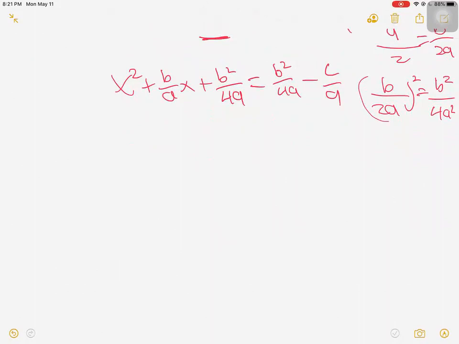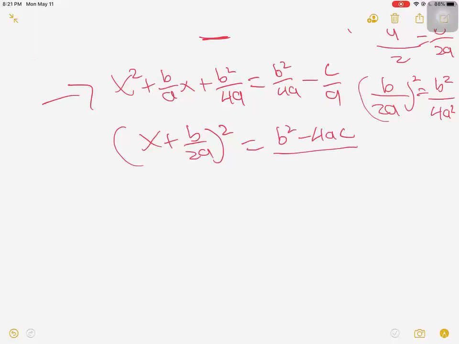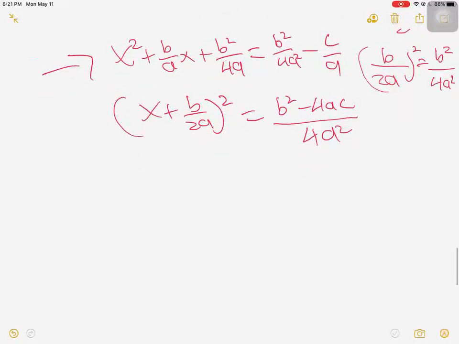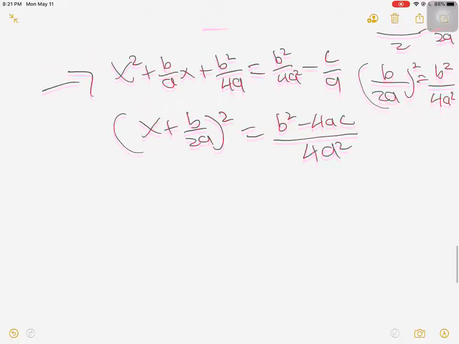Now, using completing the square, we have a perfect square on our left side. So we can write it as x plus b over 2a, squared, is equal to b squared minus 4ac over 4a. Oh, there should be a squared here, my bad. Okay. Next, we simply take the square root of both sides.